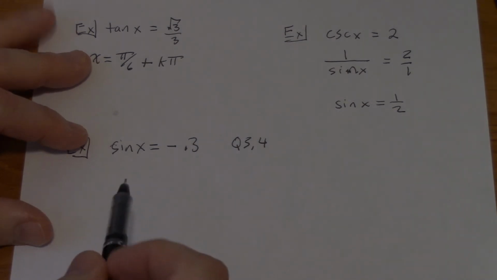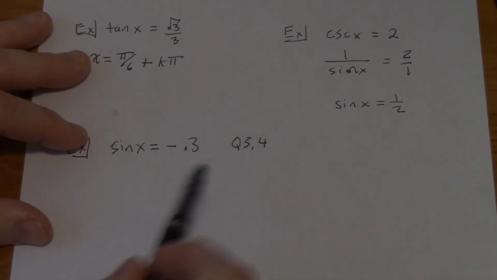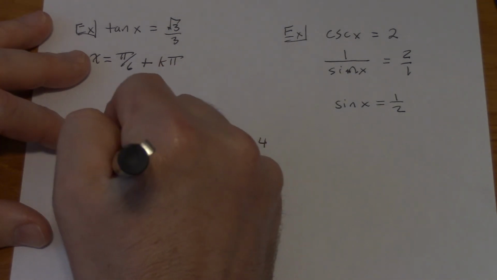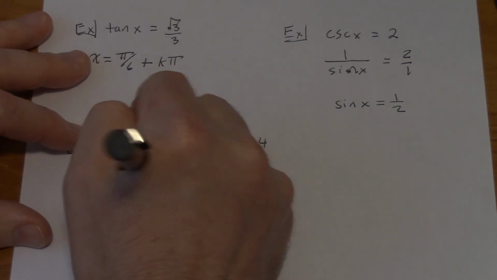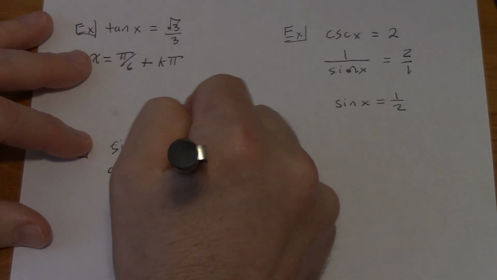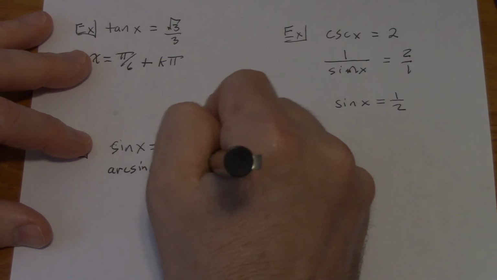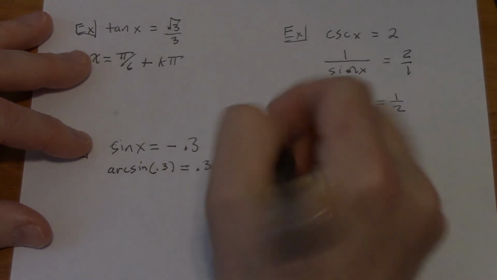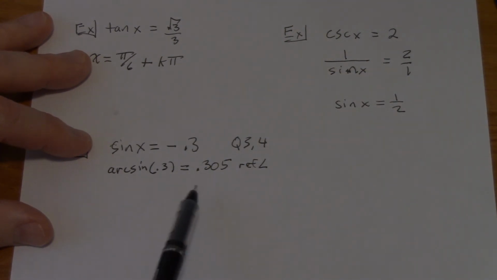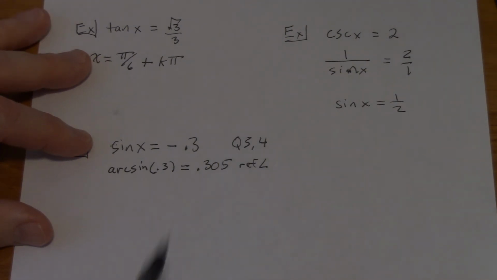So what I want to do is I want to get a reference angle for these. Okay. I'm not going to worry about the minus sign. I'm just going to think of arc sine. So I go on my calculator, my handy dandy calculator. I do inverse sine of 0.3, and my calculator told me that's 0.305 roughly. Okay. So that's my reference angle. That's not one of my answers because it's in the first quadrant. And my two quadrants are third and fourth.